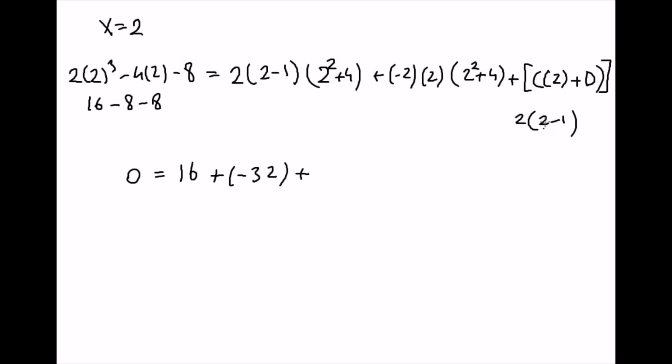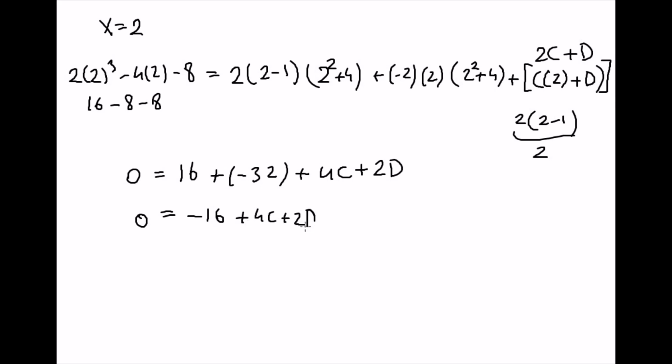Plus this is going to be 2, and 2 times this is 2c plus d, so it's going to be 4c plus 2d. And here 0 is equal to negative 16 plus 4c plus 2d, and if we add 16 on both sides, we get 4c plus 2d is equal to 16.